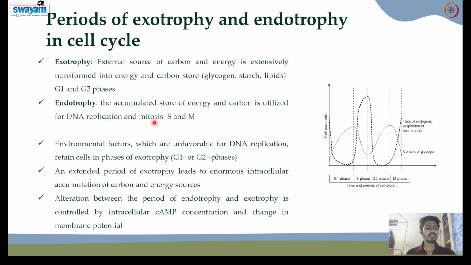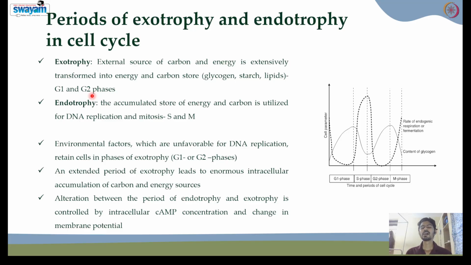And we know that DNA replication occurs in the S phase and mitosis occurs in the M phase. So in the S phase and M phase we observe the endotrophy event, where the accumulated energy and carbon is utilized for DNA replication and the mitotic cycle.